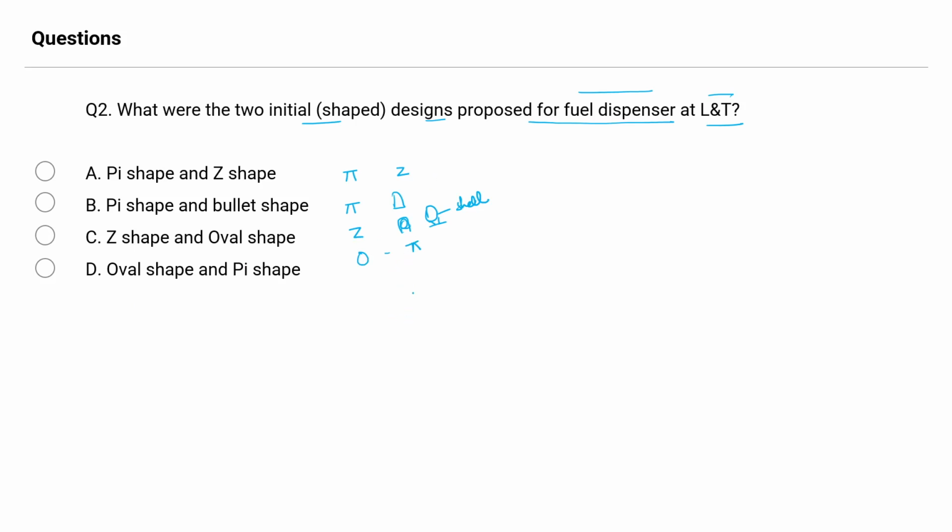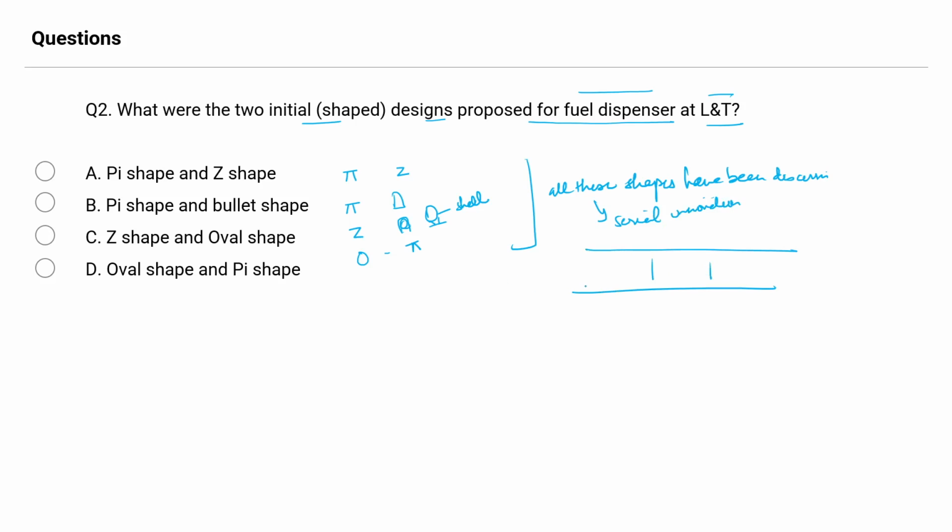So it's a little tricky question because all these shapes have been discussed when we were going through the serial innovation, how it started. At different stages we had different shapes. So all these shapes were basically discussed in the lecture, right?